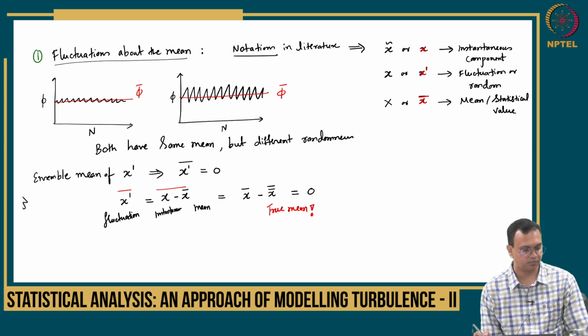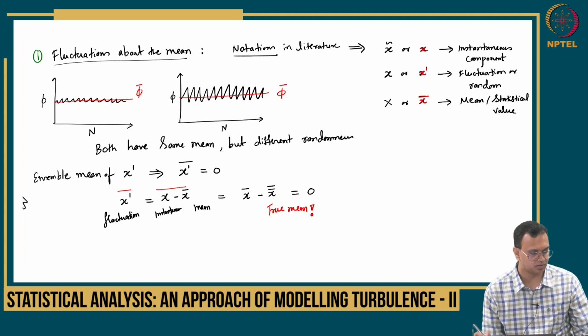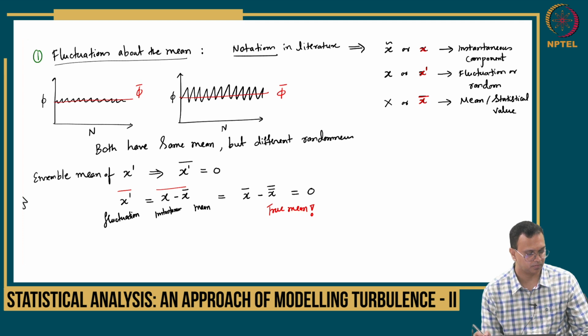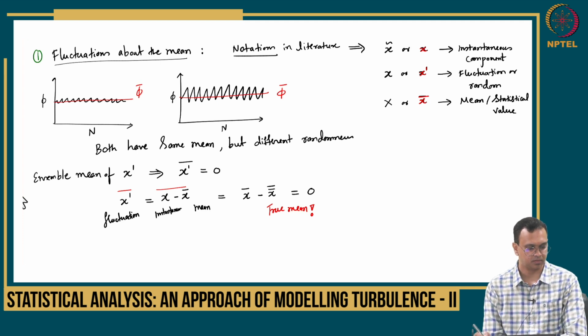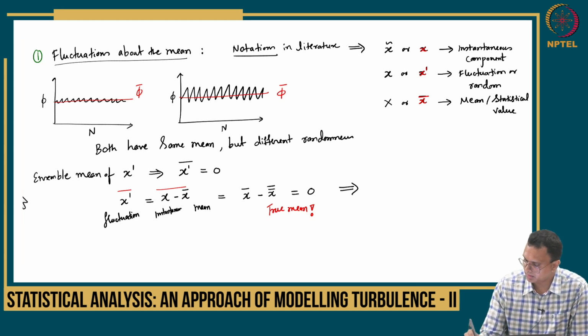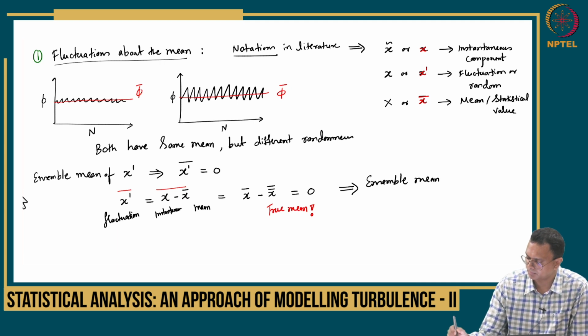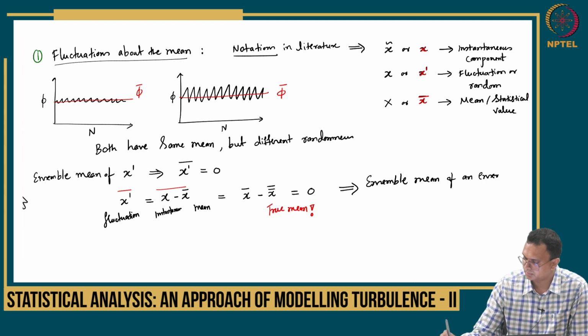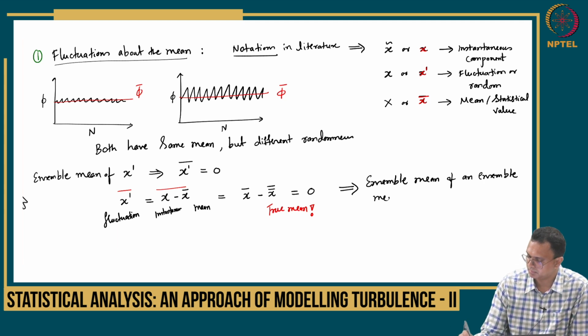right? If you are not getting 0, that means you have not worked with ensemble means, you are working with some arithmetic means. Okay, so here the takeaway is, what this implies is ensemble mean of an ensemble mean is the same.